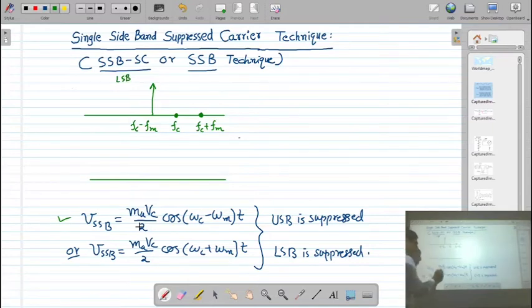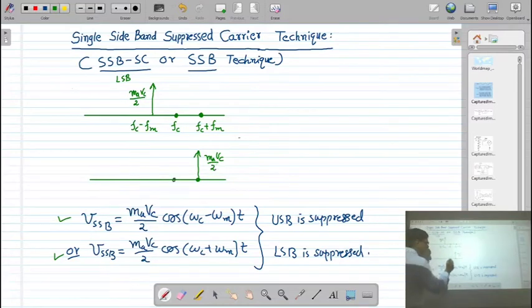What is the amplitude of the lower sideband frequency? So it is MAVC by 2. So this is the frequency spectrum for an SSB. If I draw the frequency spectrum where we are transmitting an upper sideband frequency, then you can mention it with this arrow, and the amplitude is MAVC by 2.